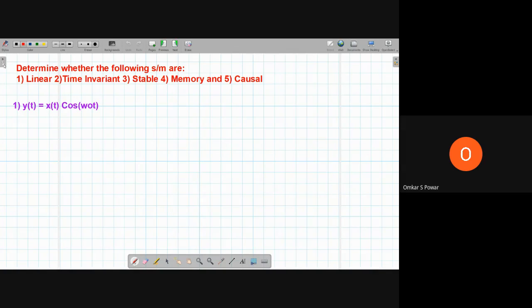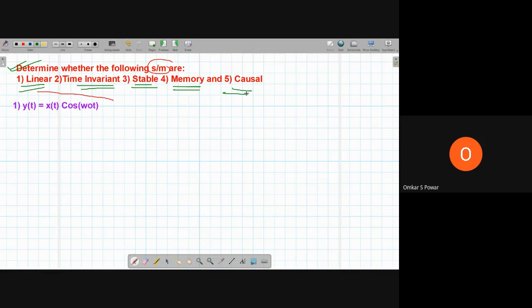In the exam you will have a question: determine whether the following system, meaning the equation they have given, is linear, time invariant, stable, memory, and causal.